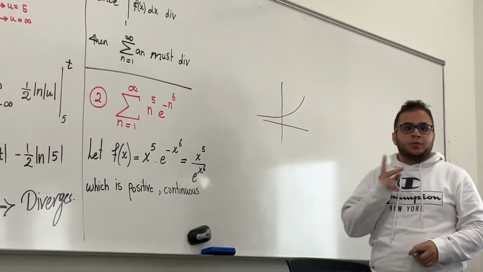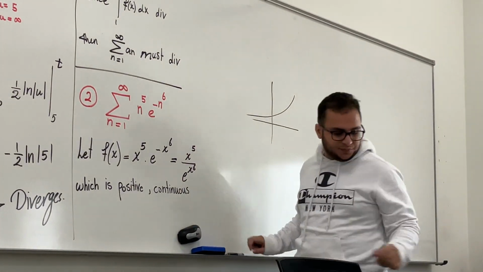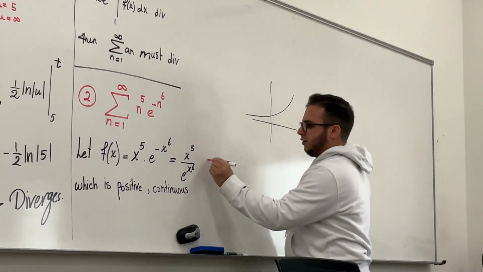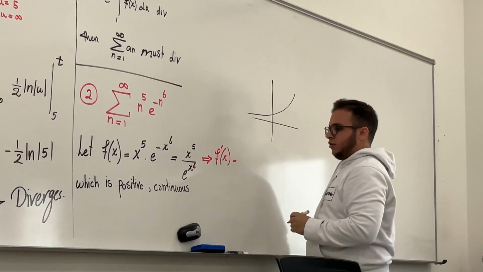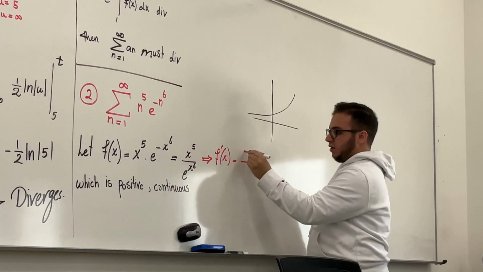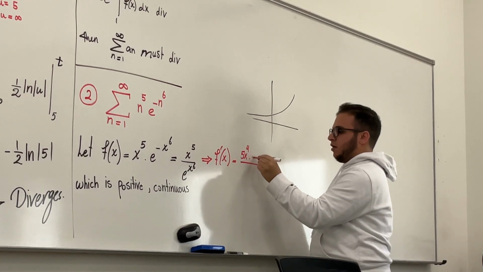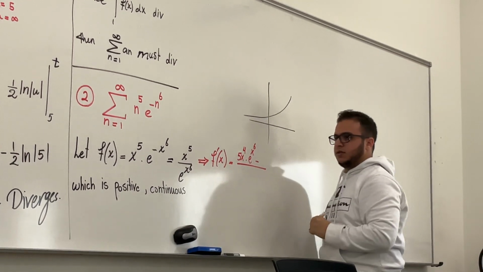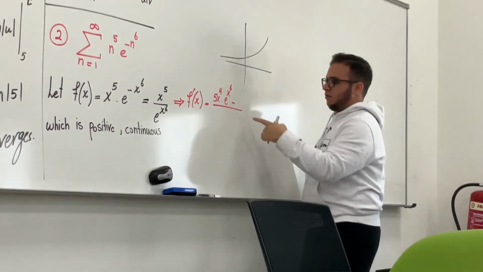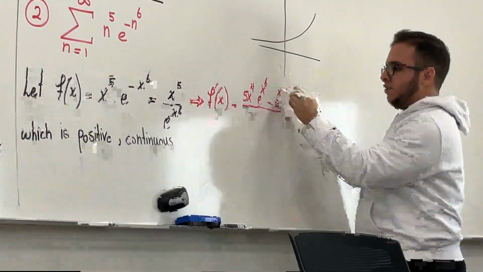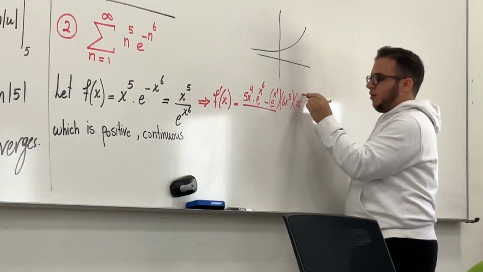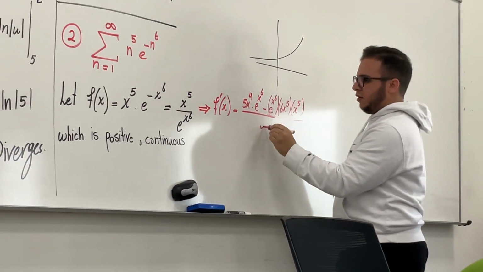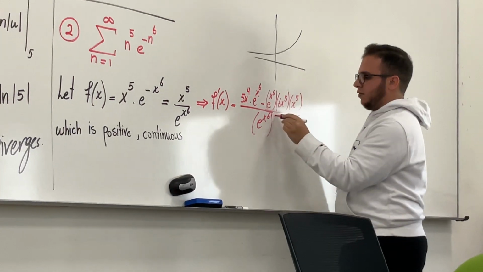Decreasing. So to prove decreasing, let's take the derivative. You can apply the quotient rule. So what do you obtain? 5x power 4 e to the x power 6 minus what? E to the x power 6, 6x power 5 times x power 5, divided by e to the x power 6 whole squared.